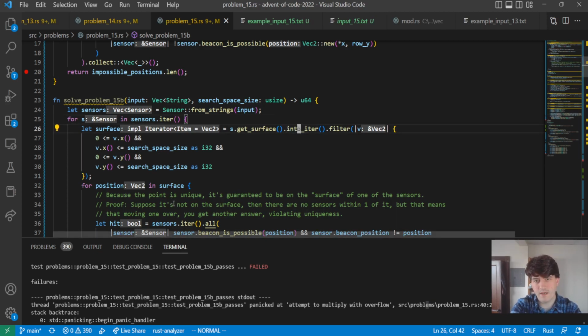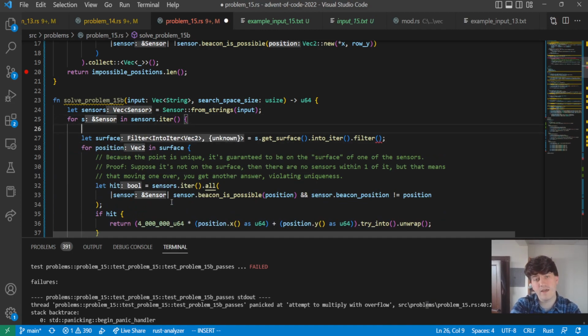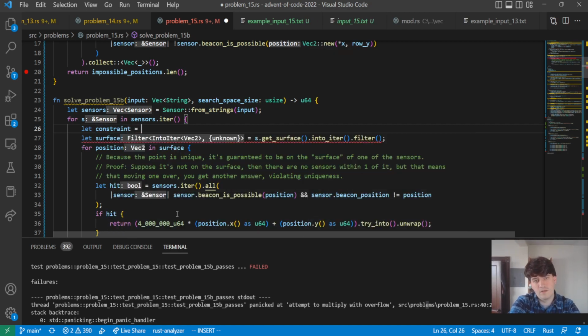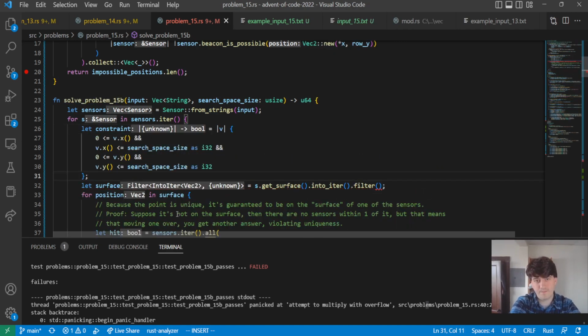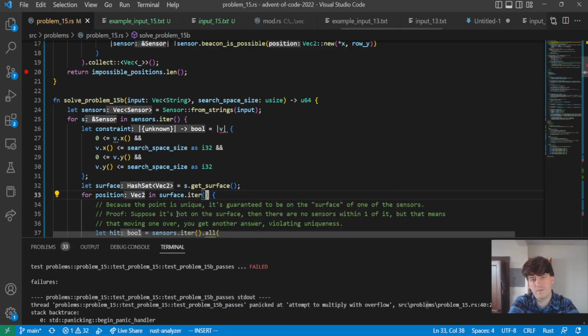So let's take this out of here and turn it into a lambda. So let's say let constraint be this, and then don't do this iter.